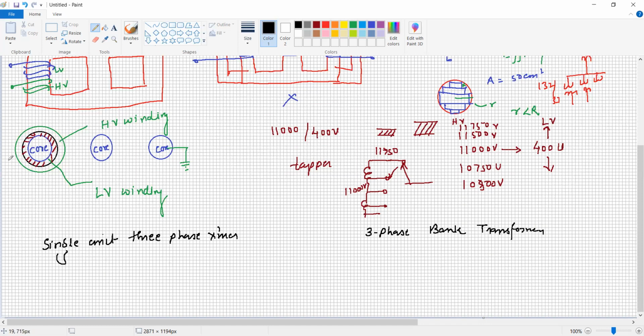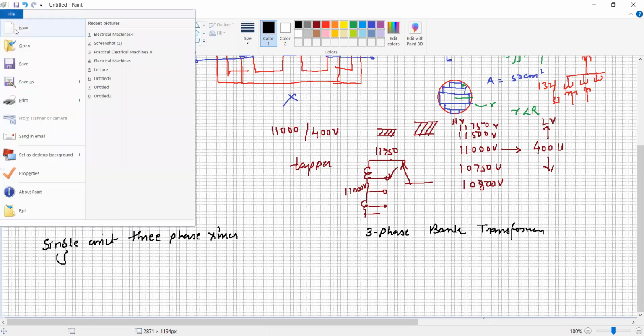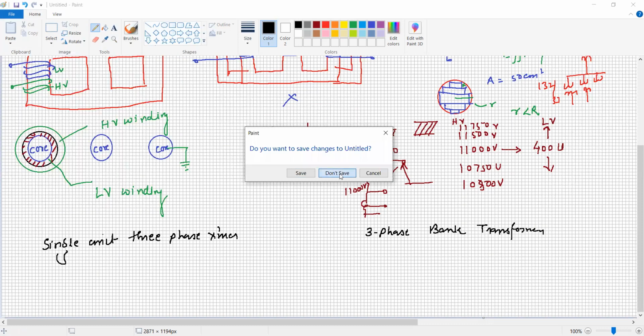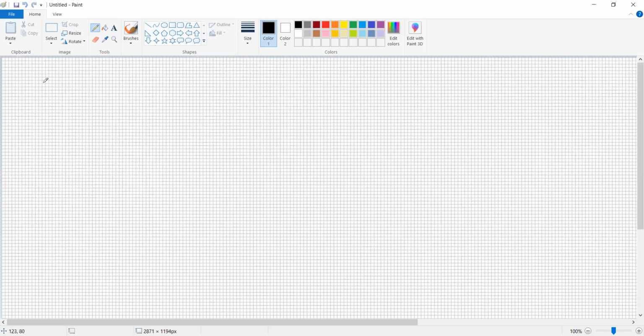Okay, just take a new sheet. One is the single unit three phase transformer, and the other is the three phase bank transformer.